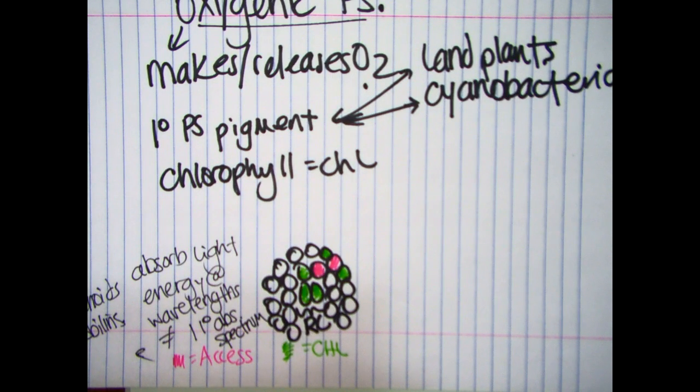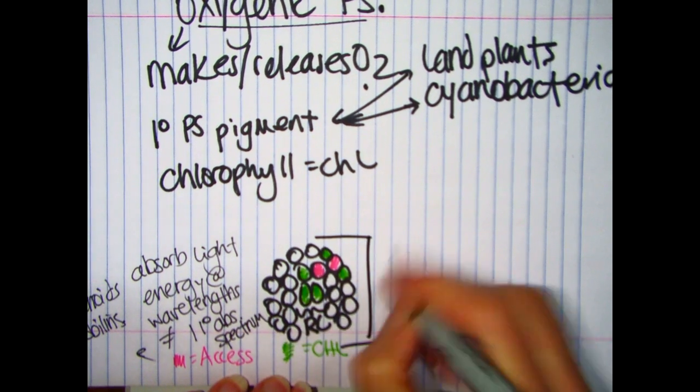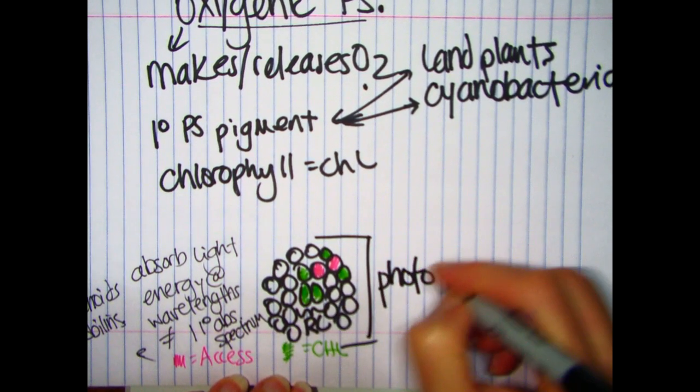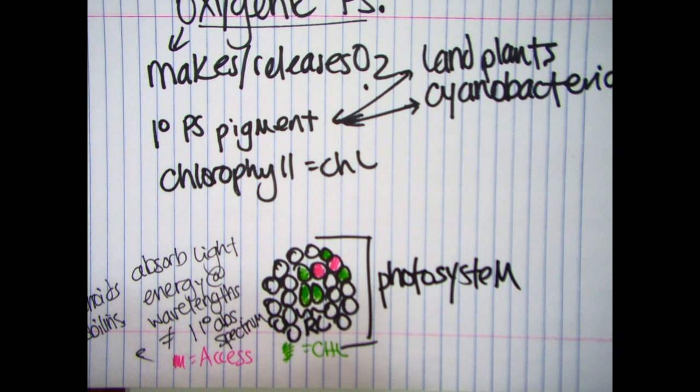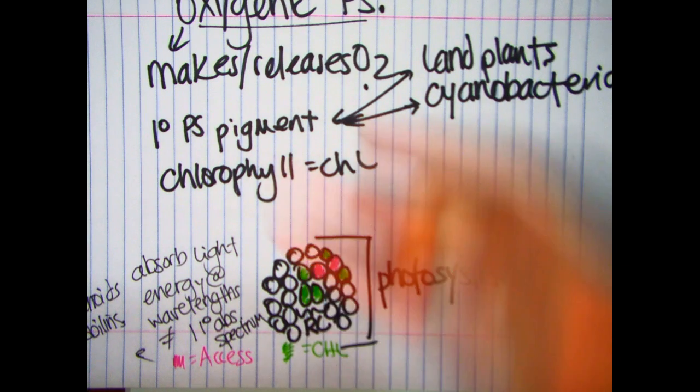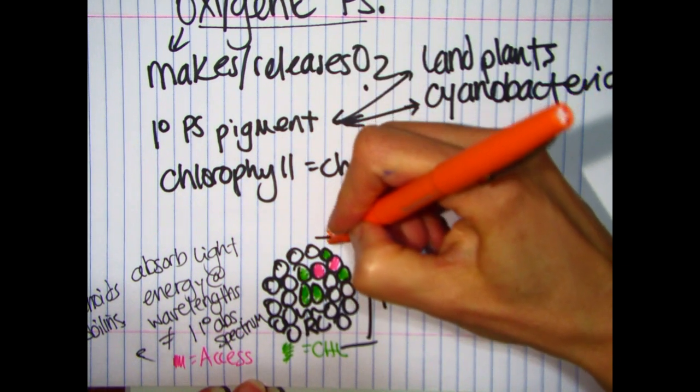Okay, so this entire array here is called a photosystem, right? A photosystem. And so the light energy, remember the light energy is this squiggly arrow?